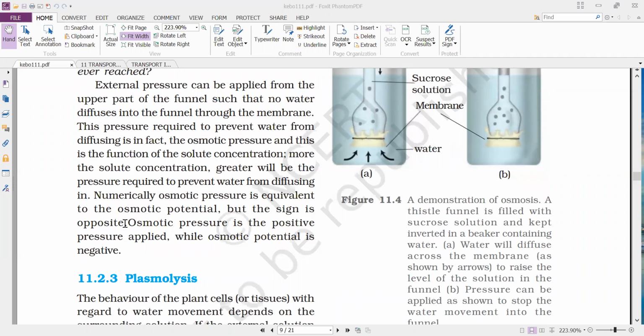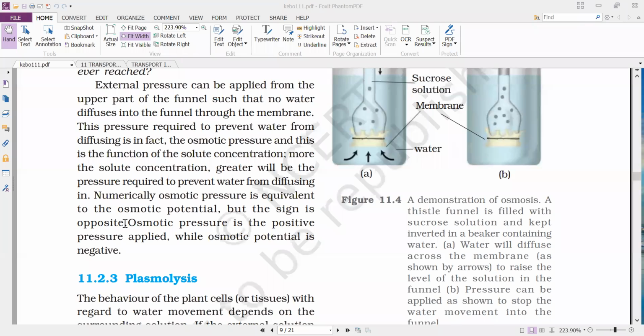The osmotic potential is the pressure through which the water is entering from the region of higher water potential to the region of lower water potential, and it has a negative value.